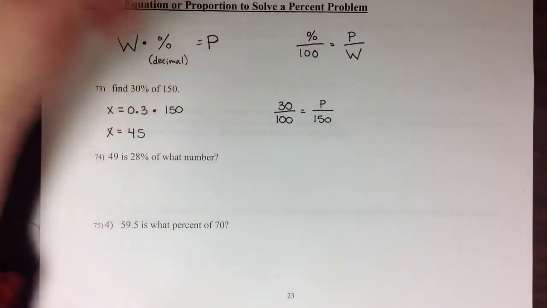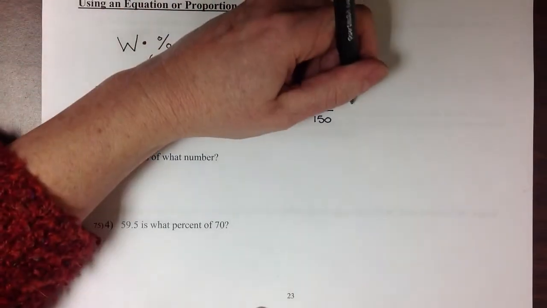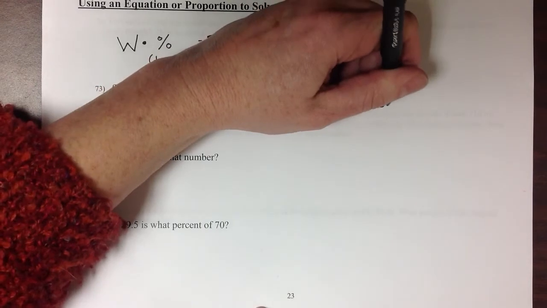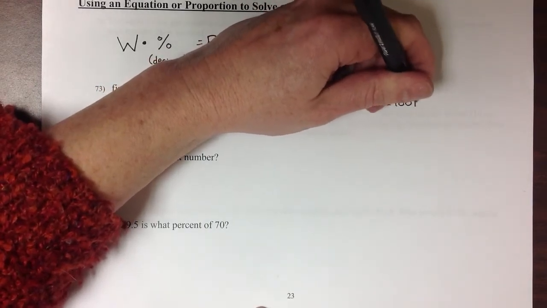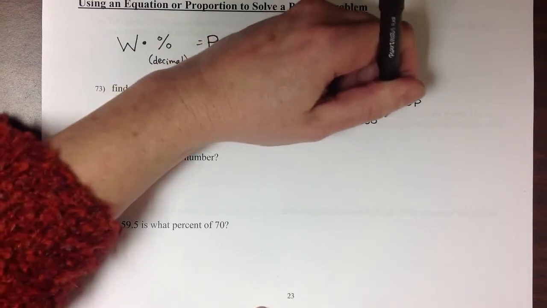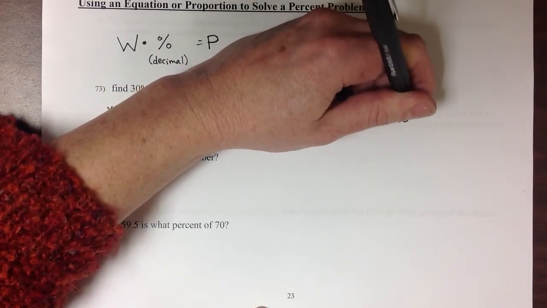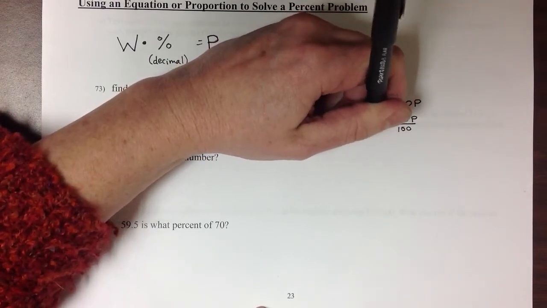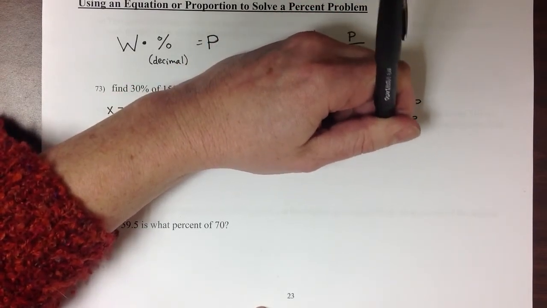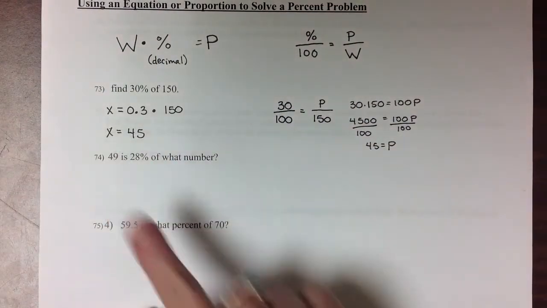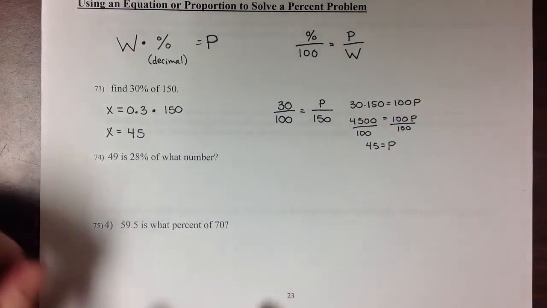So I'll use cross products. 30 times 150 equals 100p, and simplifying, I get 4,500 equals 100p. Divide both sides by 100, and 45 is my part, the same way that it was in the first version.